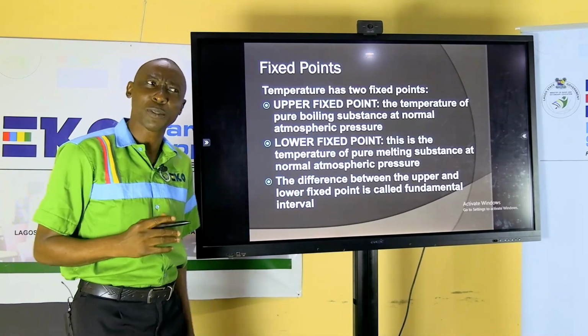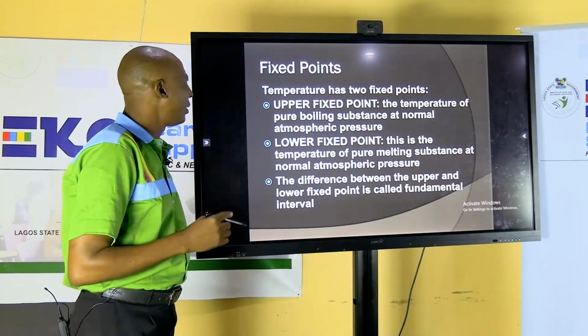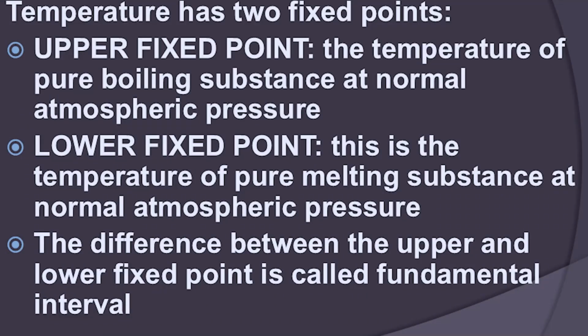Temperature has two fixed points. Number one, the upper fixed point, also known as the higher fixed point. And the other one, the lower fixed point, also referred to as the ice point. What is the upper fixed point?